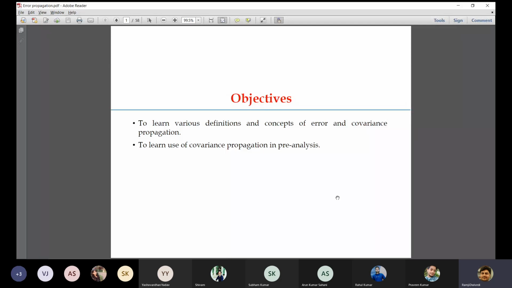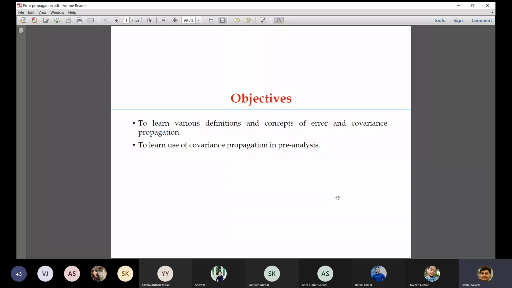But when we talk about error propagation, we only talk about the propagation of random errors, because those are the errors over which we do not have any control. They are bound to happen, and as we have discussed, they have a probability of occurrence, isn't it?